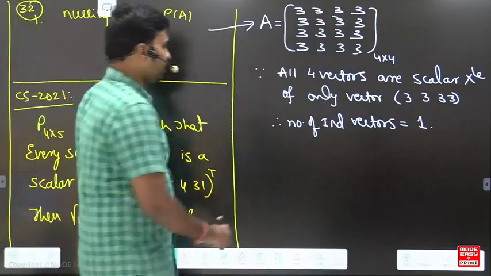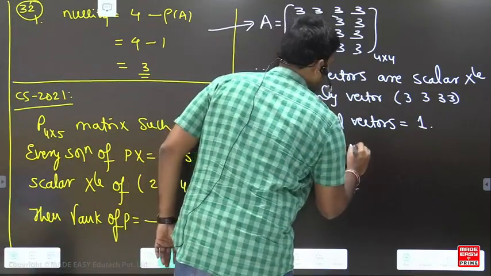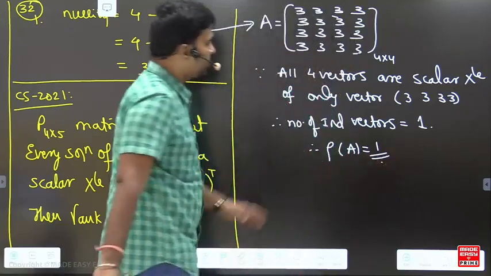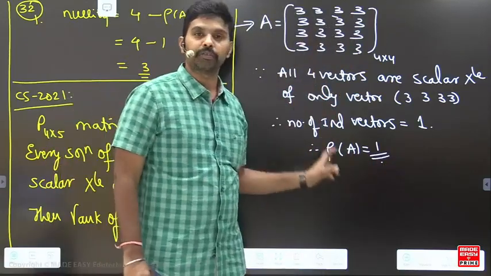So the rank of this A is equal to 1. This is the concept for the 32nd question.